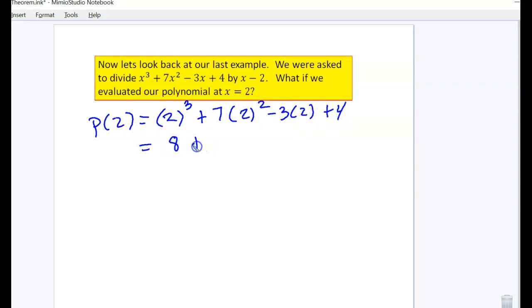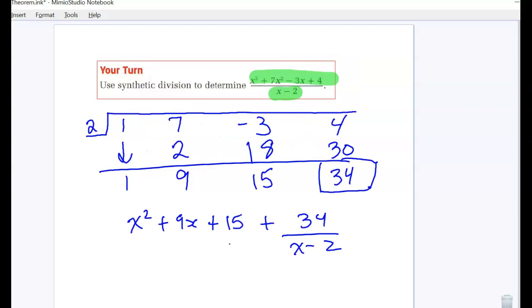So this works out to be 8 plus 28 minus 6 plus 4, which is 36 minus 2, which works out to be 34. Well, notice that value is the same thing as my remainder when I did the synthetic division.